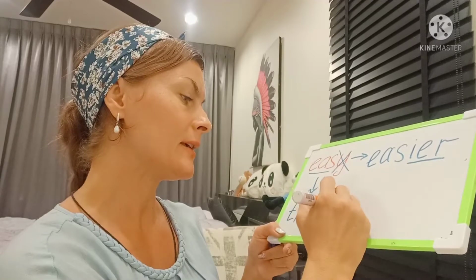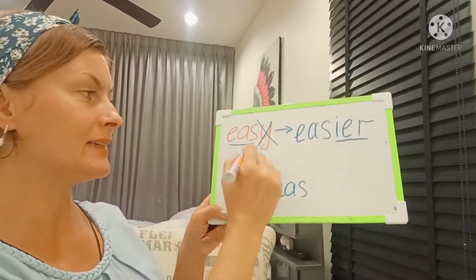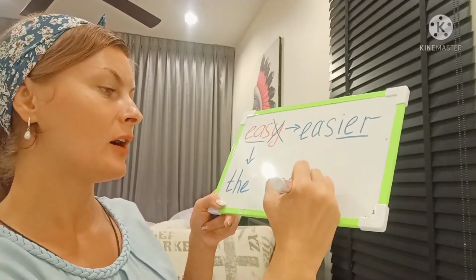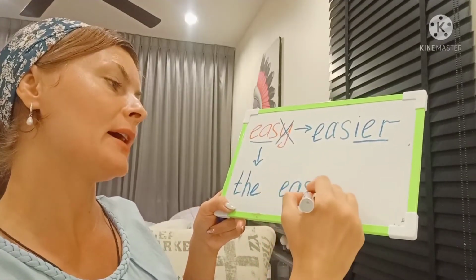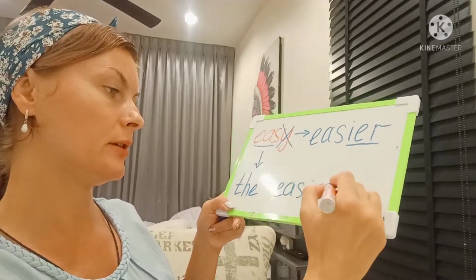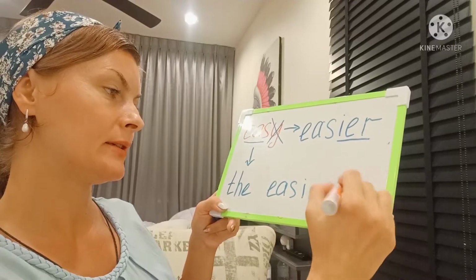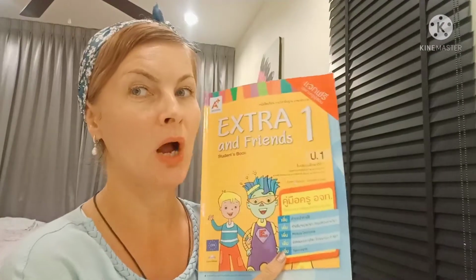So we use the same root, and then almost the same. So E, A, S, I, E, S, T, easiest, right? So the easiest book is grade 1.